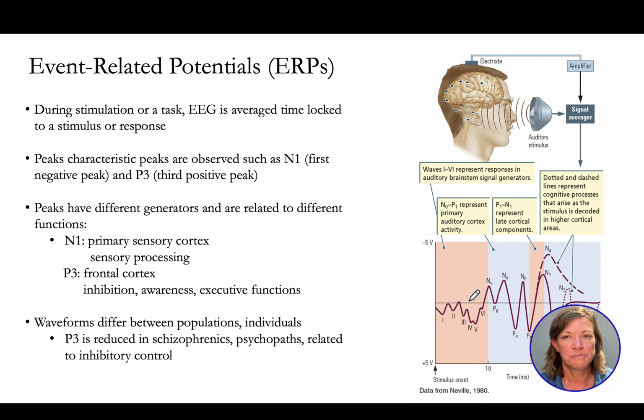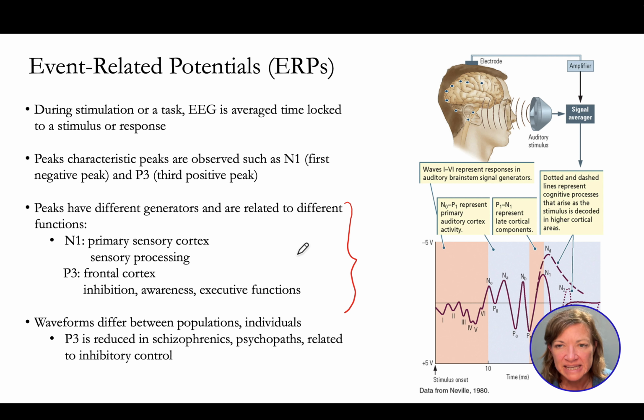EEG can also be task-based, and this is called event-related potentials, or ERPs. During a stimulation or a task, the EEG is time-locked to the stimulus. This produces characteristic peaks on EEG. This is a little more detail than I want to get into, but the peaks on an EEG that's related to a task have different functional links.